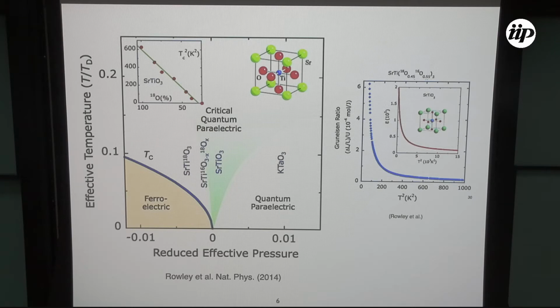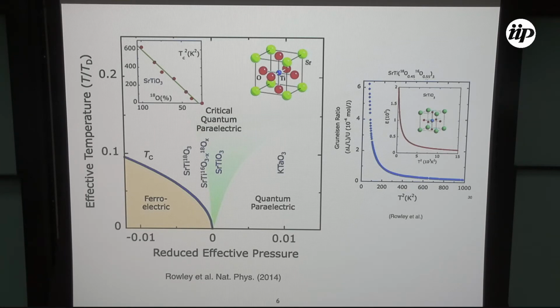This quantum critical point is seen by a diverging dielectric susceptibility, but more to the point, if one looks at the Grüneisen ratio, which is the ratio of the thermal expansion to the specific heat, which is a signature of quantum criticality, one finds that it actually goes as 1 over T squared, which is what's predicted in this system.